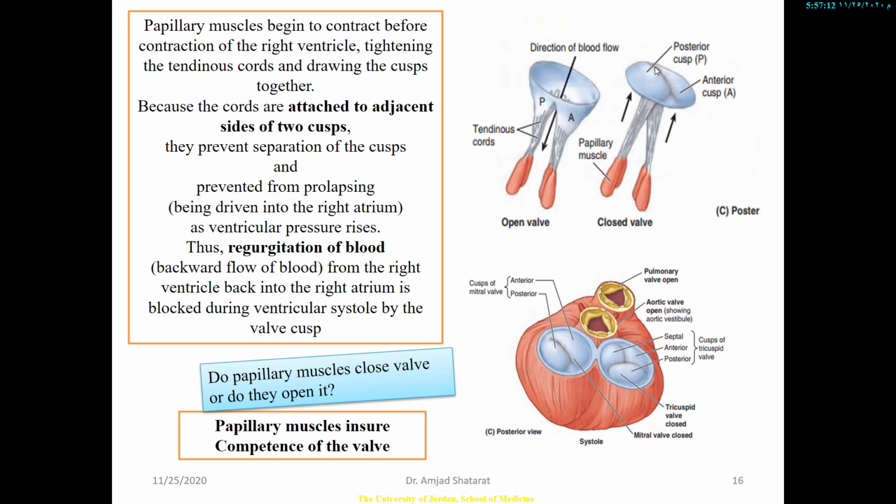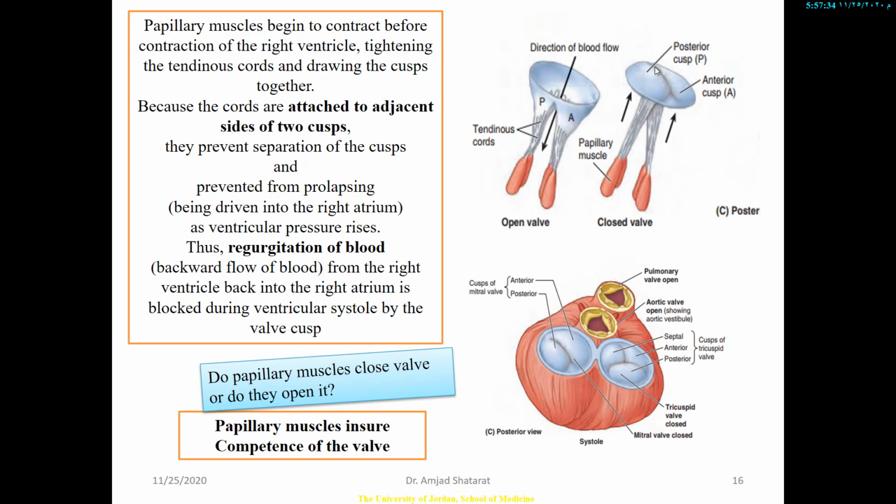And what does this mean? It means that the valve is closed and the blood is not going from the right ventricle, where the pressure is high, towards the right atrium, where the pressure at this time of the cardiac cycle is low.